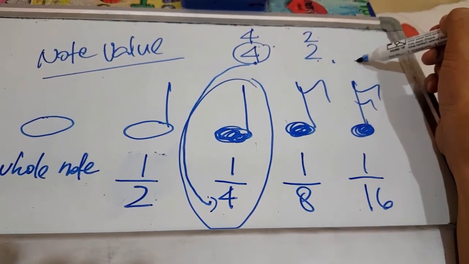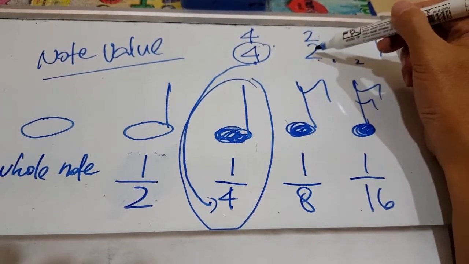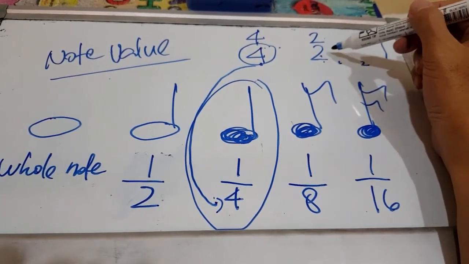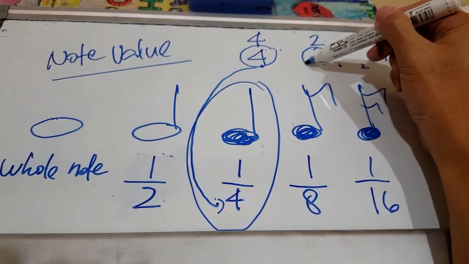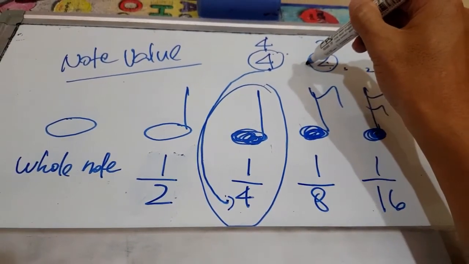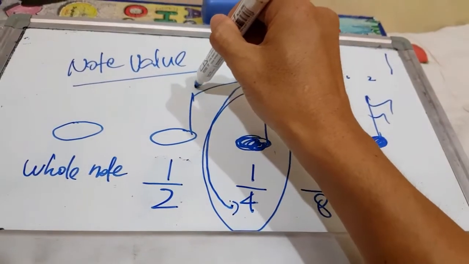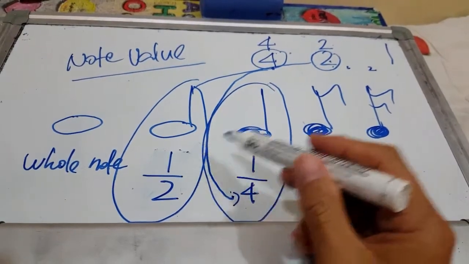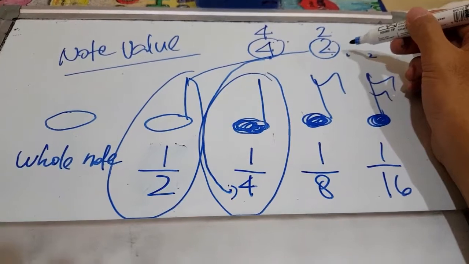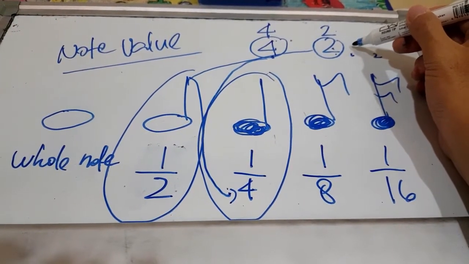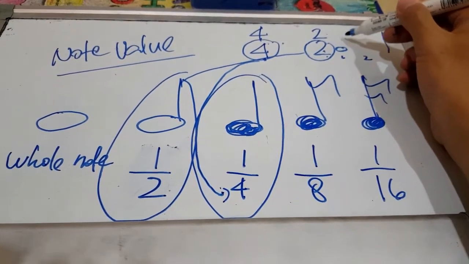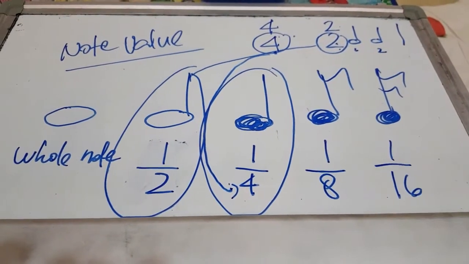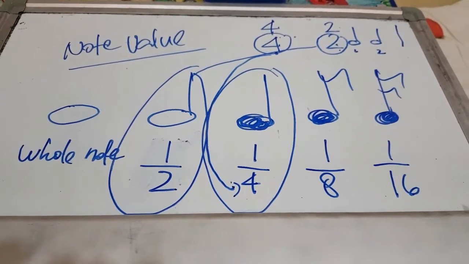We have 2 beats, and the number at the bottom means the value of each beat. So this 2 goes for this half note. So if I draw this, the value of each beat becomes like this. Okay, you get it?